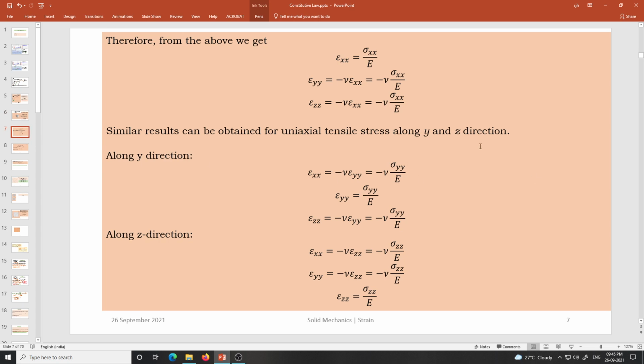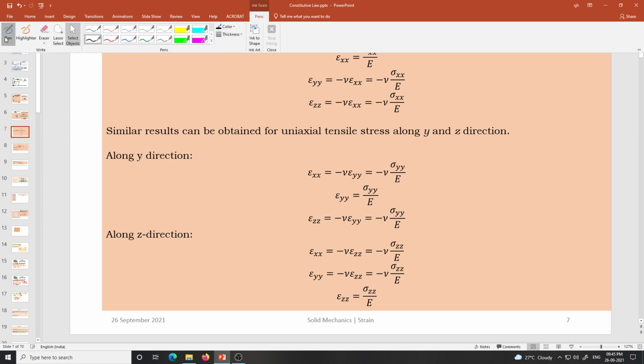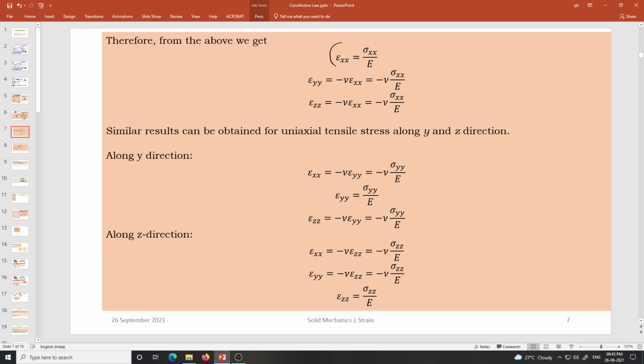We shall get the following relationship: epsilon xx equals sigma xx over E, epsilon yy equals minus nu times sigma xx over E, and epsilon zz equals minus nu times sigma xx over E. So if we write in matrix form, then we shall get epsilon xx, epsilon yy, epsilon zz as 1 over E, or sigma xx over E, times 1 minus nu.